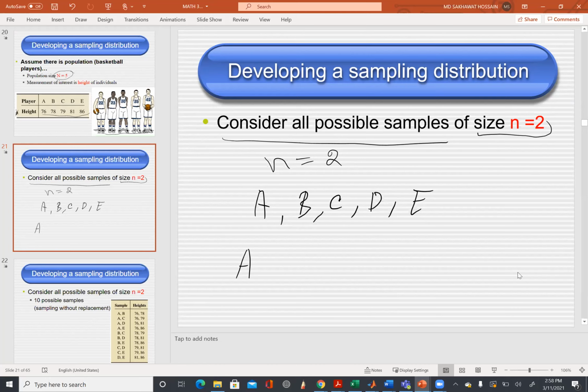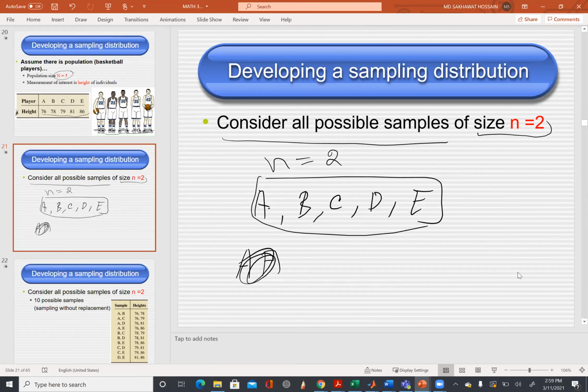If you replace the player in the population, then you will have A again here, so you can select A twice. But here we'll do the selection without replacement. You can also do the selection with replacement, then you will have more samples.